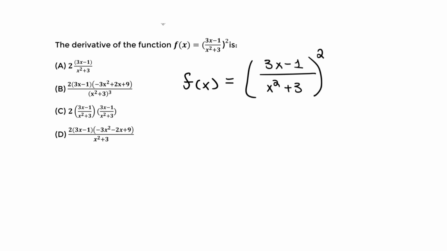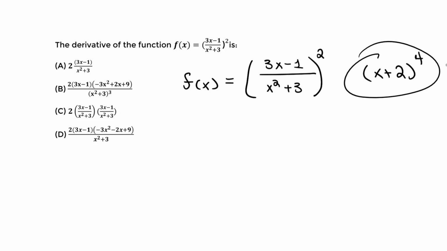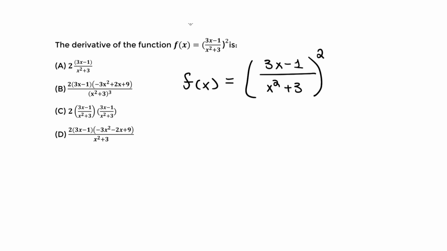For example, with x plus 2 raised to the fourth power, you use the chain rule. A function encompassing another function is a hint that we use the chain rule. But in this case, it's a special case of the chain rule, which we call the general power rule. In fact, it's rule number 8 under the derivatives in the FE Handbook.